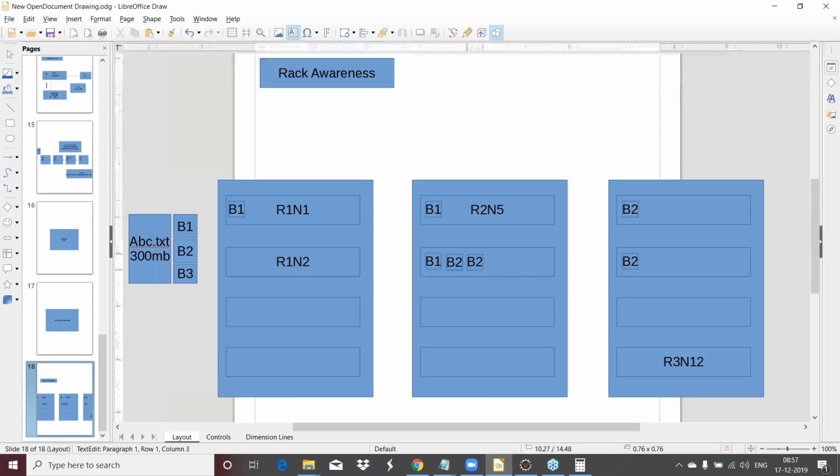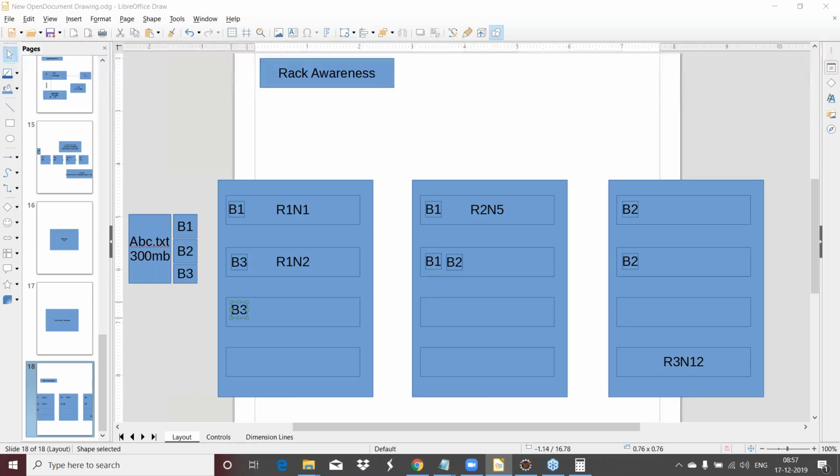This is the second copy. This is the first copy of B3. I'm sure you understand that the second copy will be going to the other rack. So let me say it goes here, and the third copy is going to be here. The second copy is going to be here and the third copy is here.